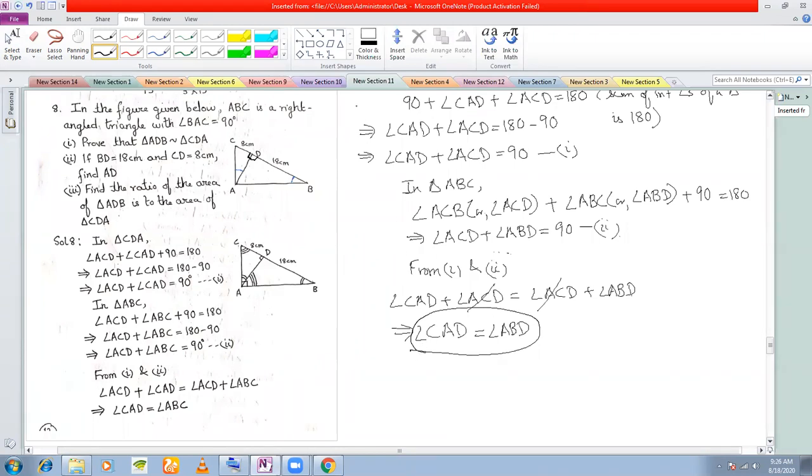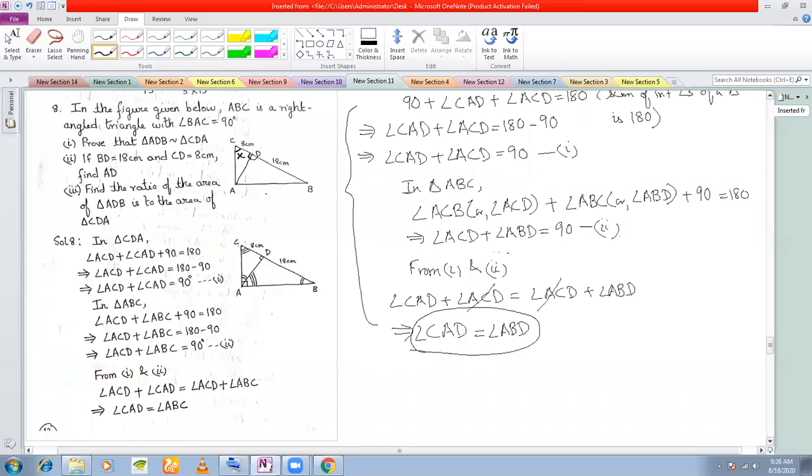Now, if you are not able to understand this notation, what you can also do is you can work it out in this manner. Let us consider this angle to be x.